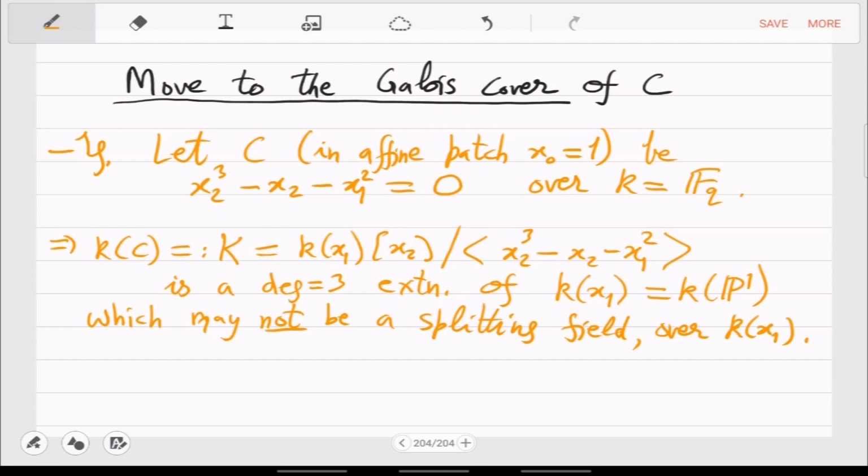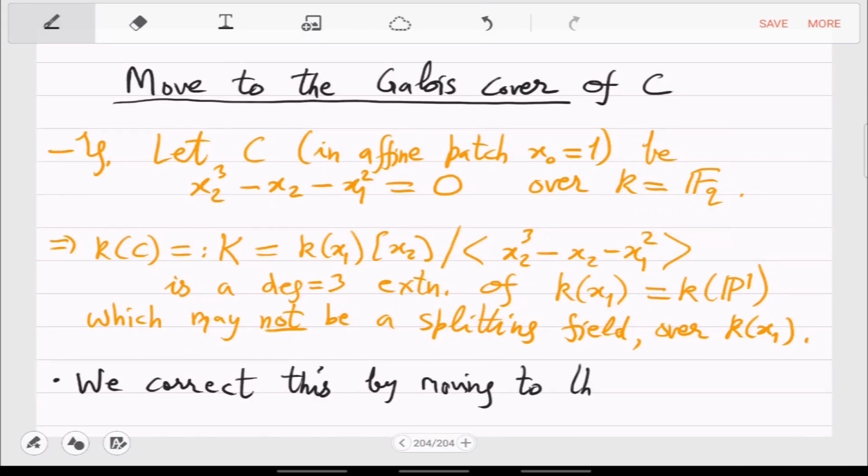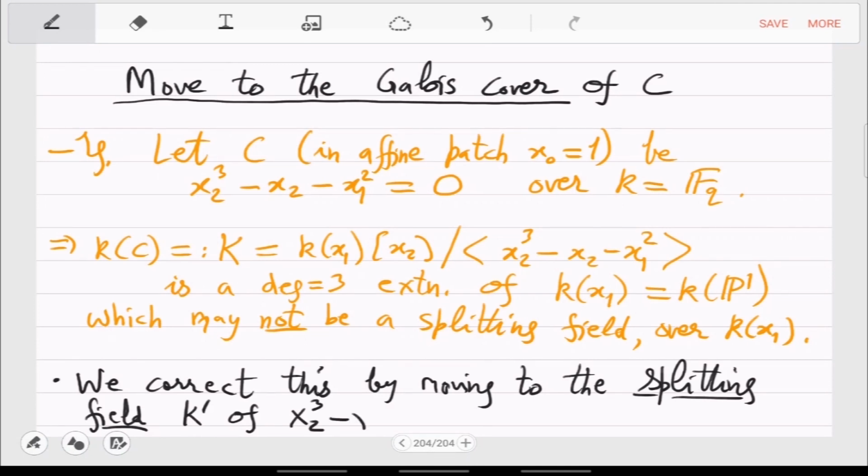So we correct this by moving to the splitting field of x2 cube minus x2 minus x1 square over k(x1).